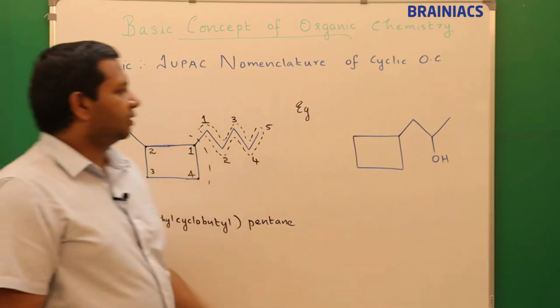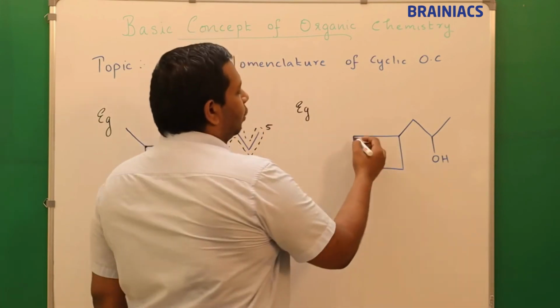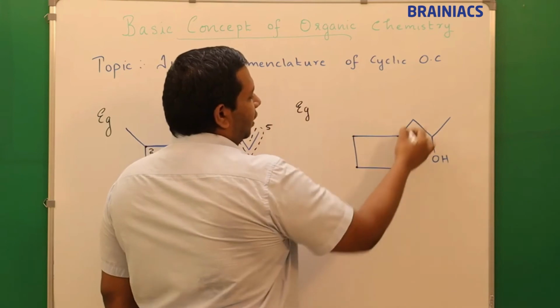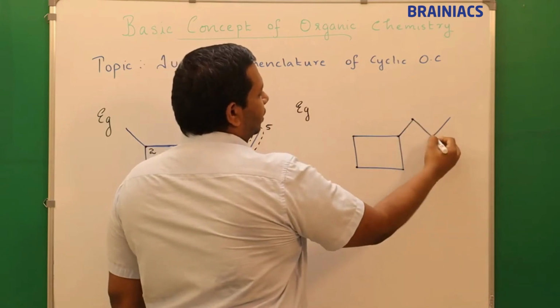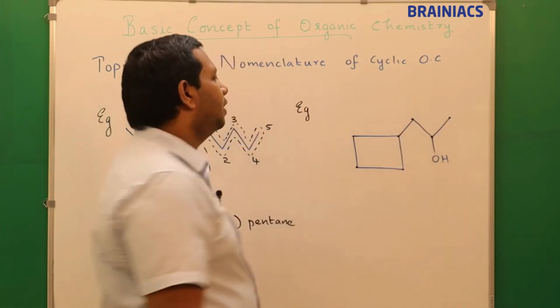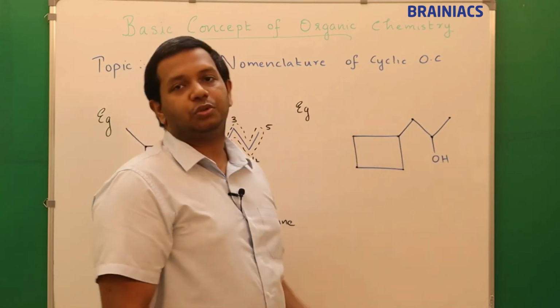Now coming to the next example, a very good example. Listen here. If you count the number of carbon atoms, I understood this is 4 carbon atoms. Now when I am looking at the side chain, how many carbon atoms are there? 1, 2, 3, 4. So whenever there is an equal number of carbon atoms, the cyclic compound should get the priority.